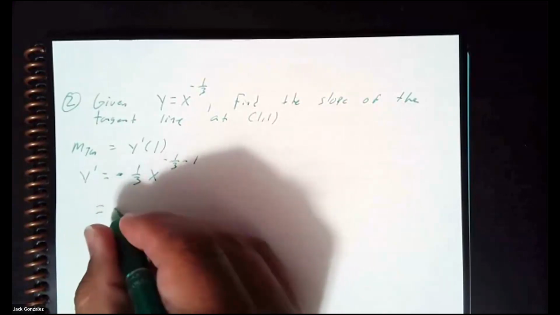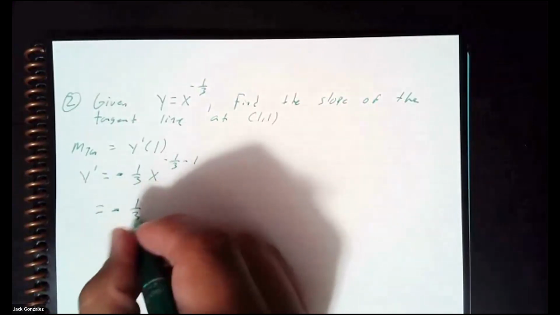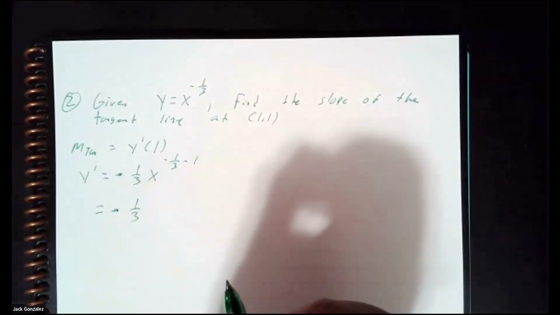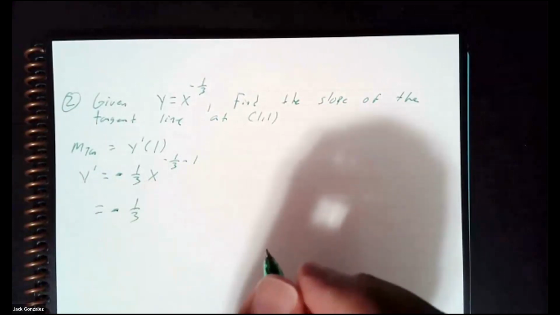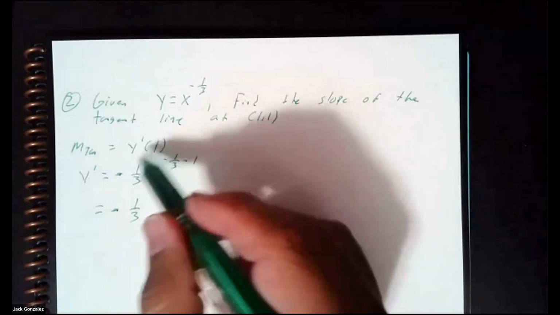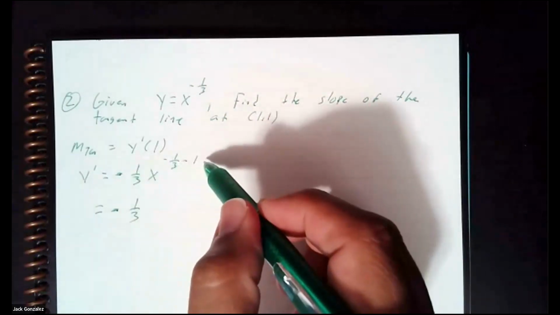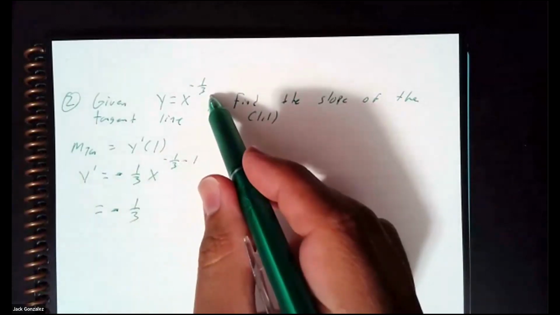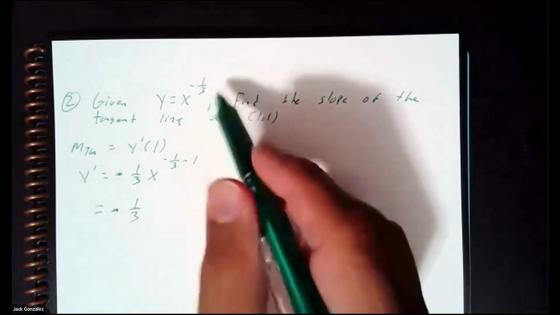So if you bring the power down, why do we write it again? The rule says you bring it down and then subtract 1 from the original. Oh, okay.